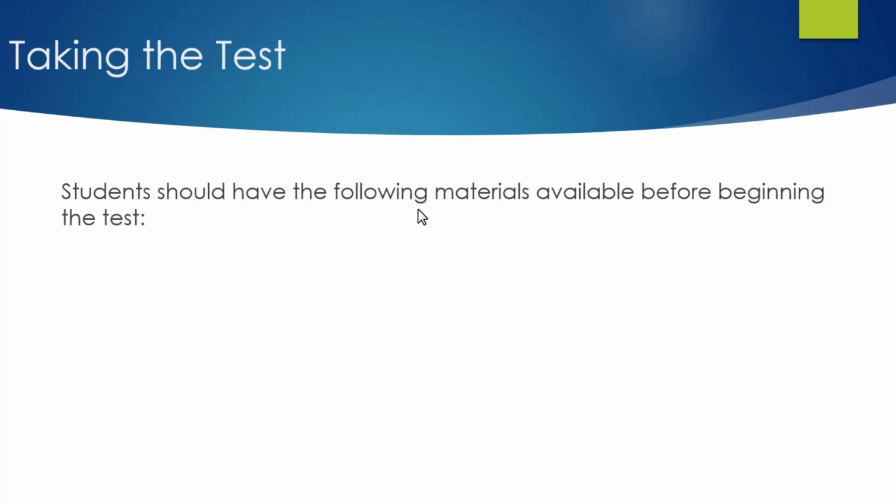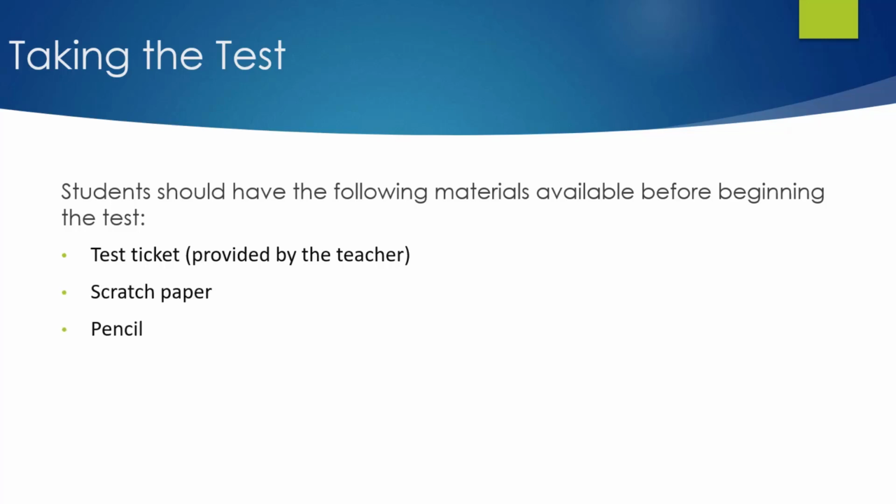Okay, taking the test. The student should have the following materials available before beginning the test: the test ticket, which is going to be provided by the teacher and will have the username and password, scratch paper, a pencil, and a calculator. The calculator can only be used on certain parts of the math sessions, and there is a built-in calculator online.